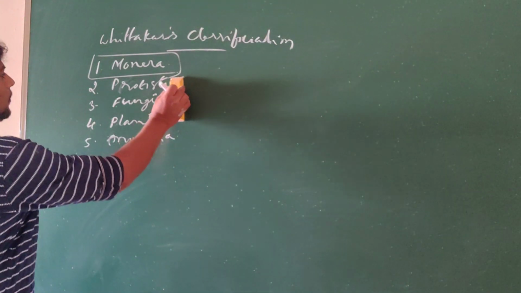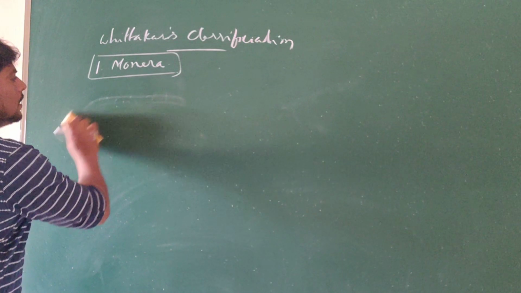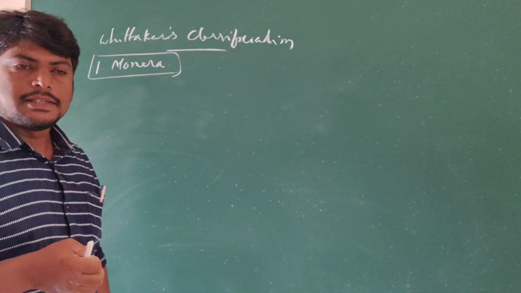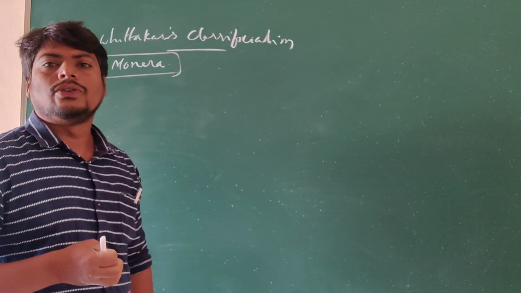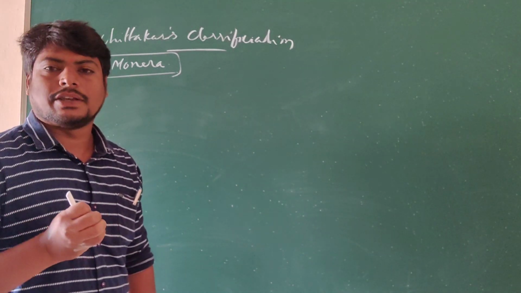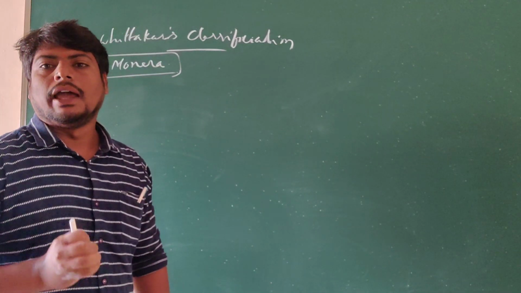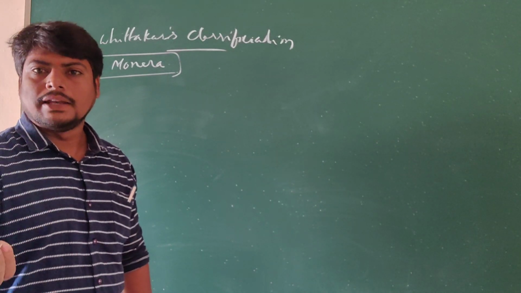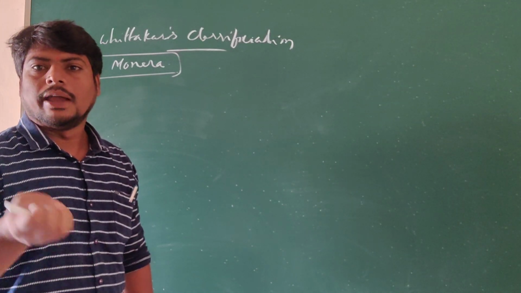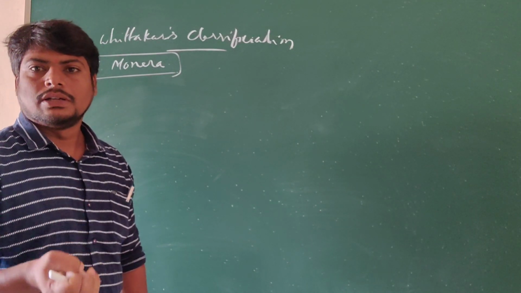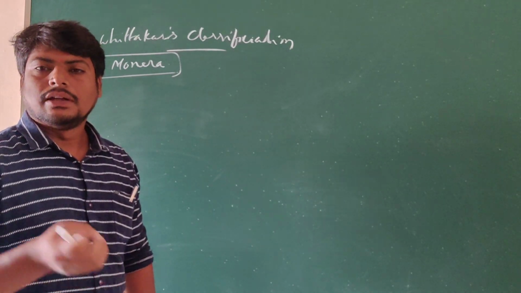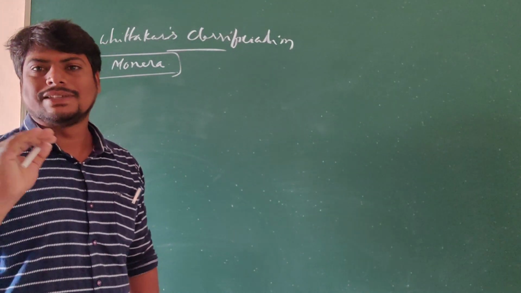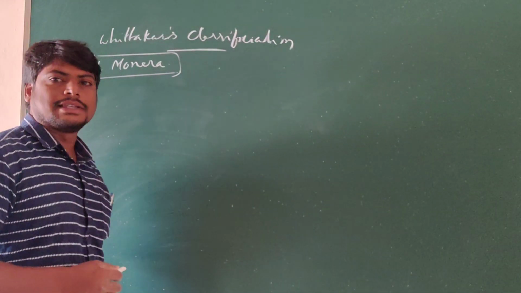We will continue with Monera. Under each group of organisms, what we are going to learn are the common characteristic features: the type of cell, the cell wall, nucleus, organelles, mode of nutrition, habitat where they are found, respiration, mode of reproduction, and their importance. Understand, these are all the concepts we have to discuss under Monera also.